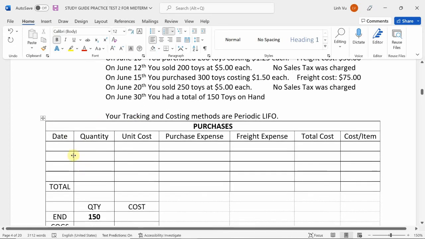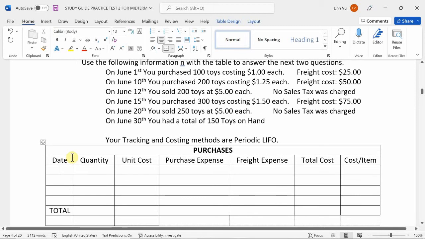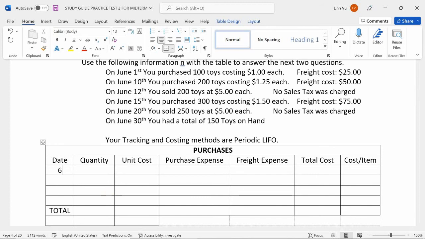Okay, so in this case, right, we gotta look at our inventory purchases. So in this case, on June 1st, right, we purchased 100 toys costing $1 each, with the freight costing $25.